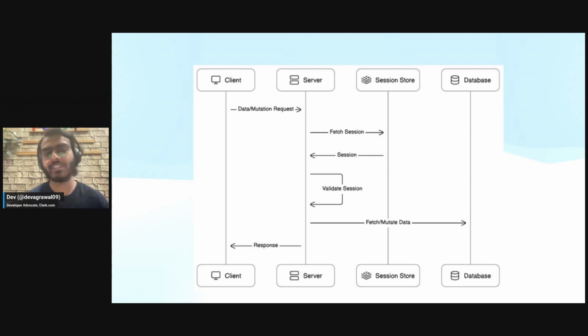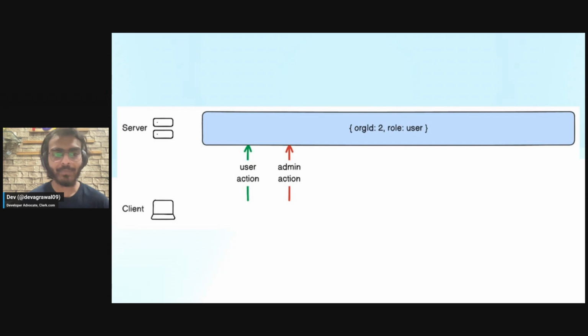So whenever you receive a request from the client, you're going to have all the information that's needed to authenticate that request in the form of the JWT. So instead of validating the session as we're doing in here, you're going to be validating the token, which is much faster than making a request over the network to a session store.